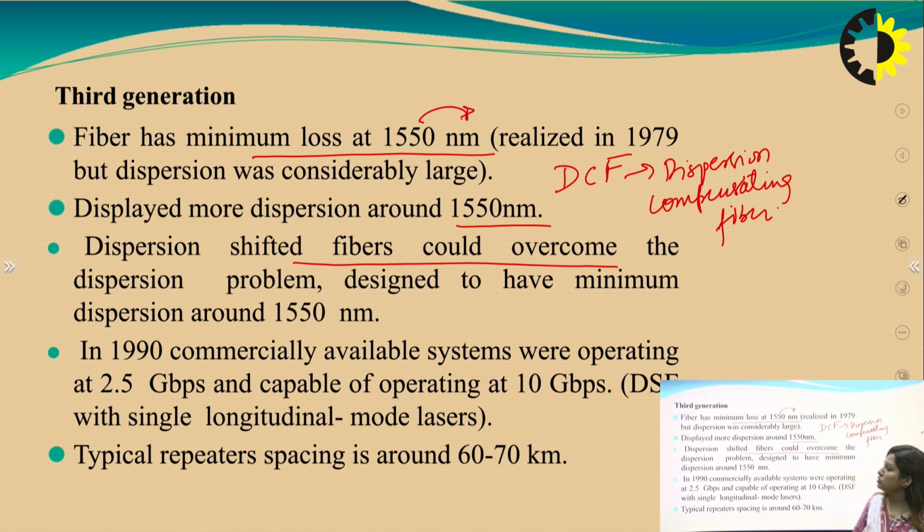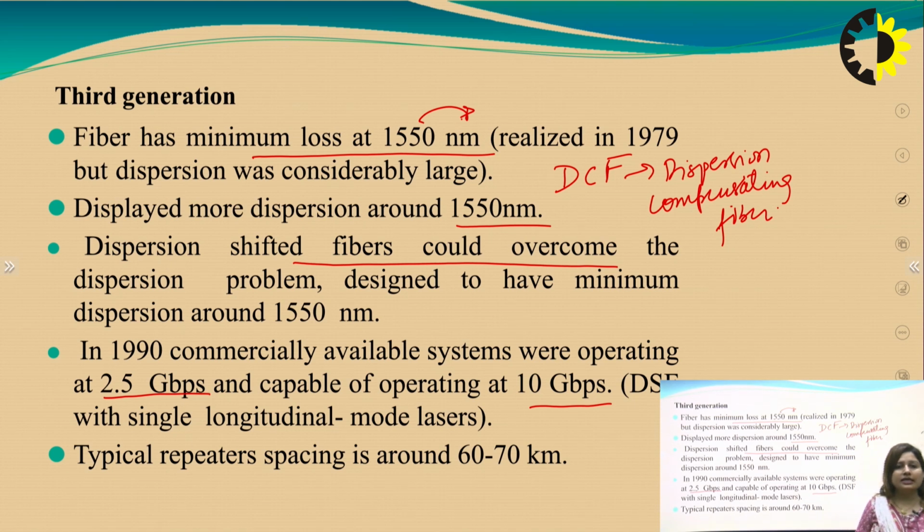These are also a special kind of fiber which shifts the dispersion from one wavelength to another. In the 1990s, commercially available systems were operating at around 2.5 Gbps. So from Mbps to Gbps we have moved from the first generation to the third generation, and it is capable of operating around 10 Gbps with single longitudinal mode lasers.